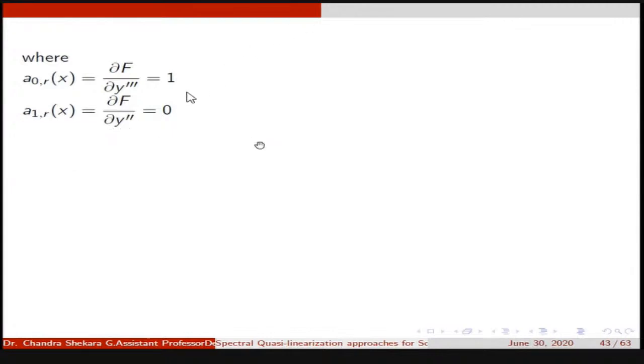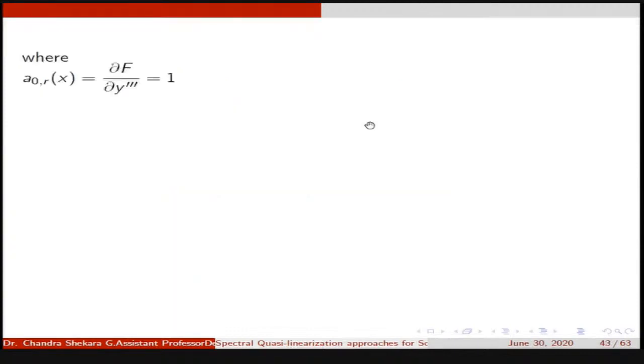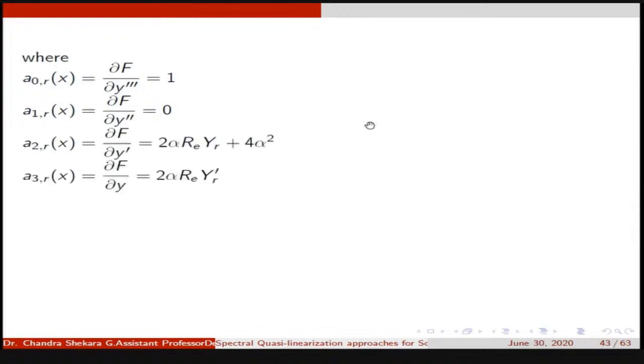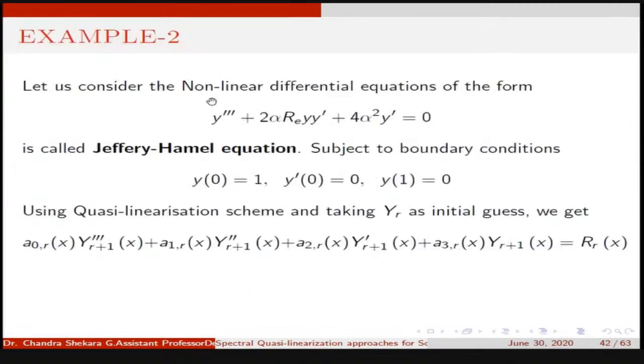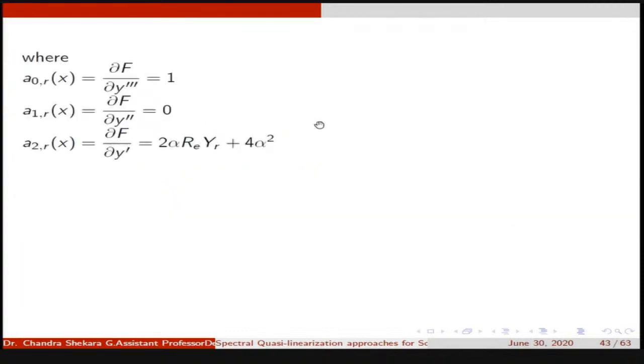If I differentiate f with respect to y dash, we have the y dash term here with coefficient 2 alpha Re y, and here also we have y dash, so 4 alpha square. That is your partial f by partial y dash. Then a3r is differentiating f with respect to y. If I differentiate f with respect to y, I'll get 2 alpha Re y dash. It's a partial derivative. So these are the coefficients of that expression.